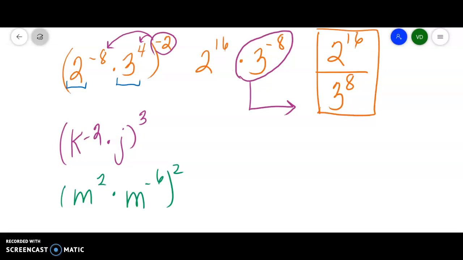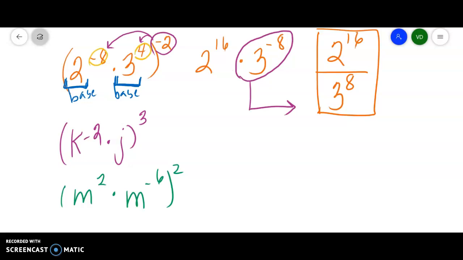So if you notice in our first example, our bases were 2 and 3. Even though they were numbers, they were considered our base, because those are the ones that had the exponents.